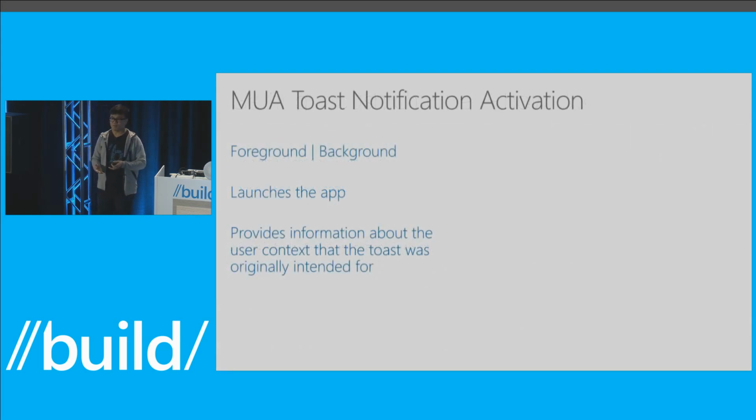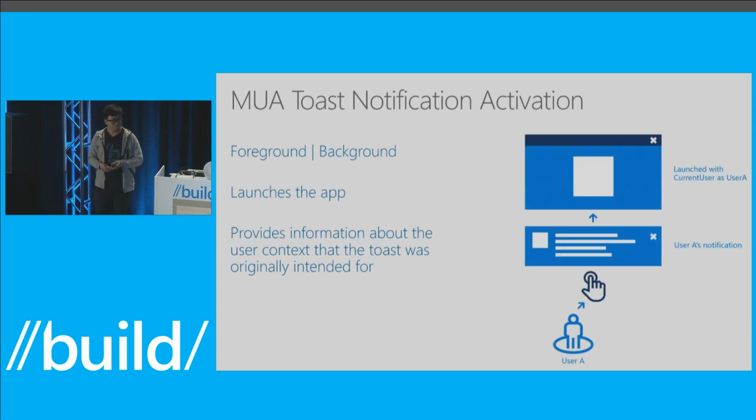So activation from MUA toast notification is something you want to be mindful about. It supports foreground and background activation, just like it does in a standard app, in a normal universal Windows app.